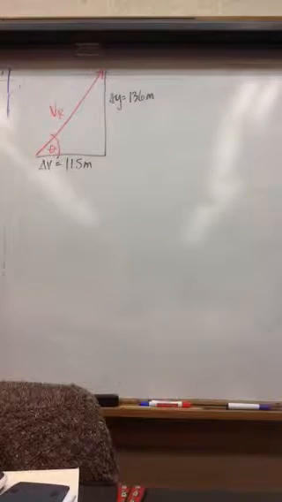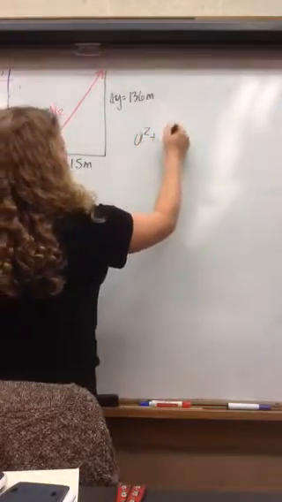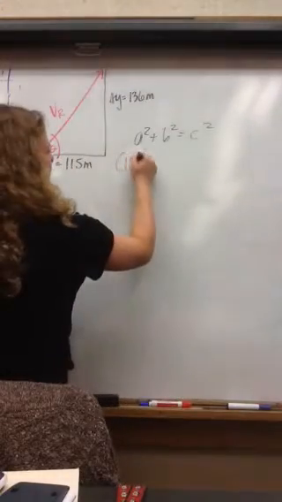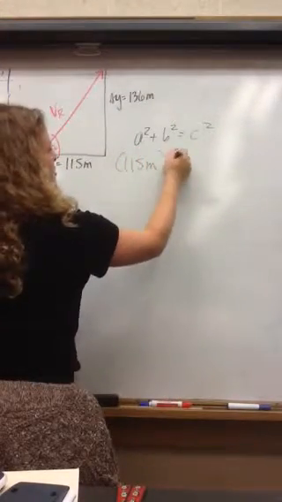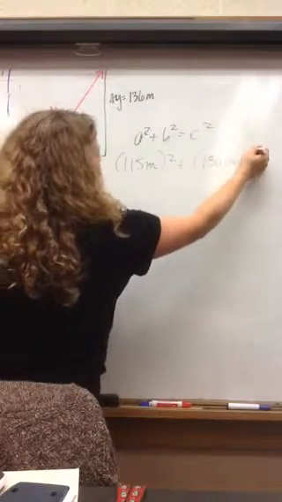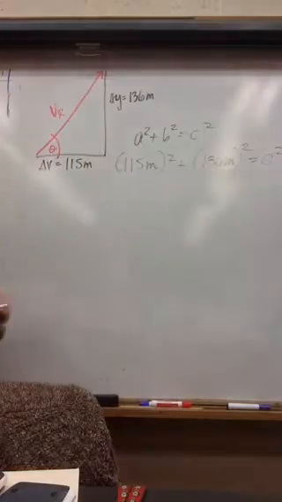This is very simple. This is Pythagoras. So you remember that a squared plus b squared equals c squared. So 115 meters squared plus 136 meters squared will give us our resultant.